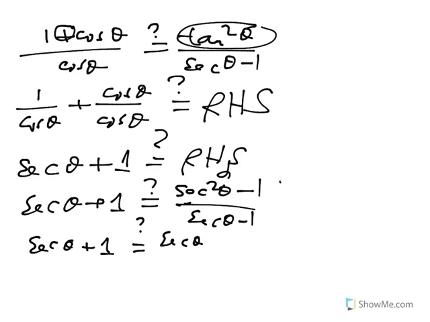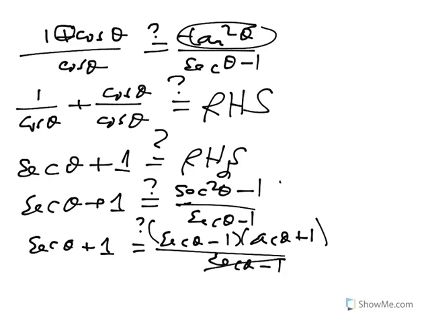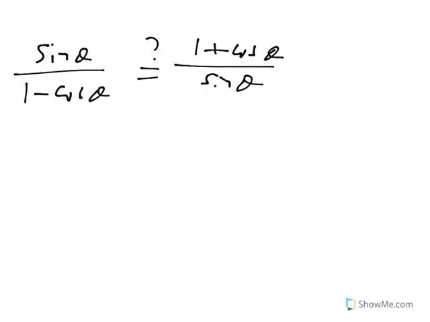So secant theta minus 1 times secant theta plus 1, and now it's all coming together because the secant theta minus 1's cancel out, and this left side and right side are equivalent. We can change this question mark into a nice check mark. Pretty involved trig identity, actually.